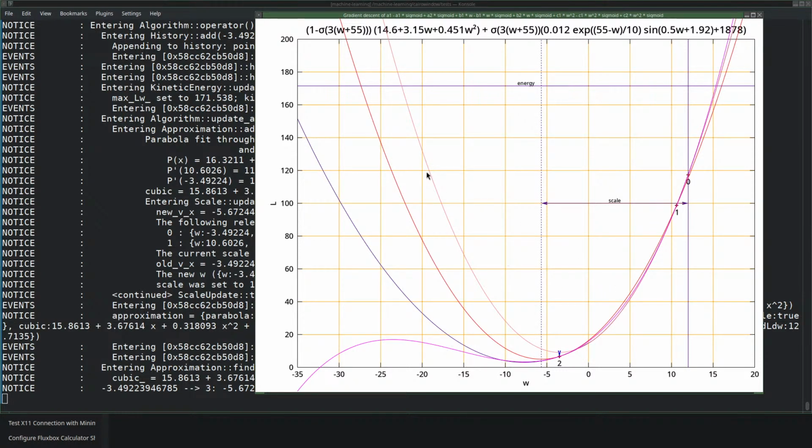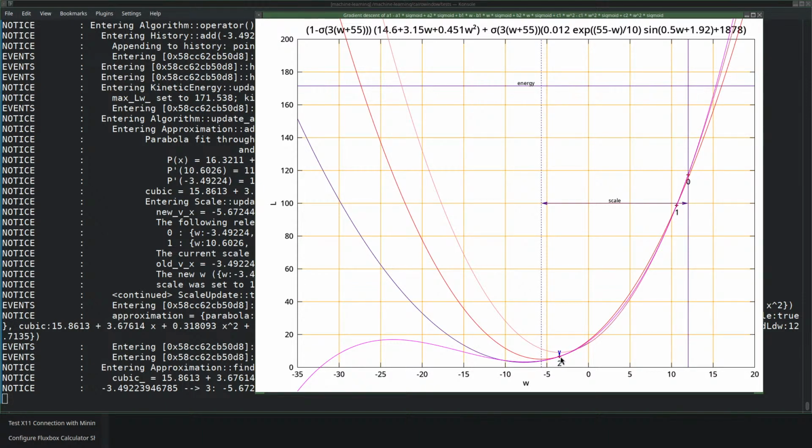So this was the parabolic fit, and we jump to the vertex. And the blue arrow here means that we dropped even further than what we expected. And now we have something that is not a problem. I think the red thing is the parabola fit through 2 in 1, and the magenta fit here is the cubic fit through 2 in 1.